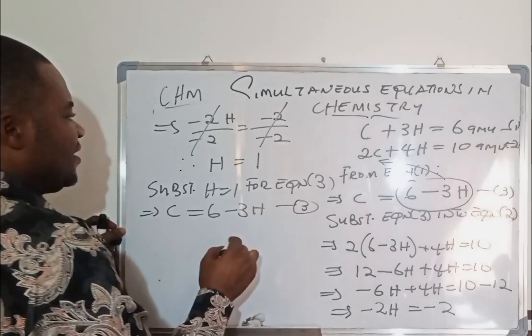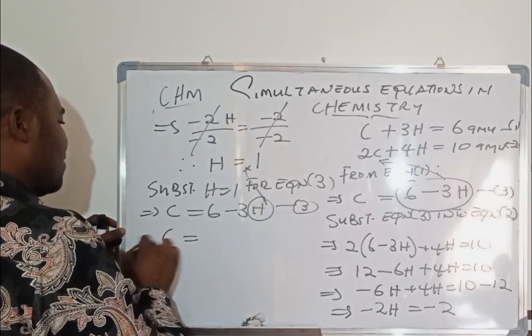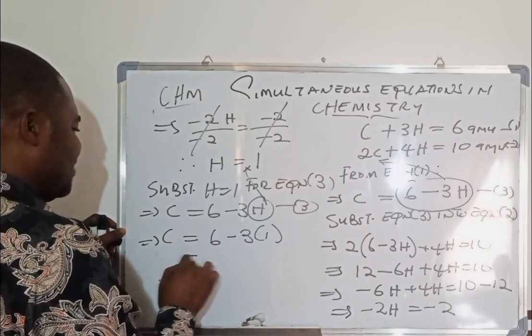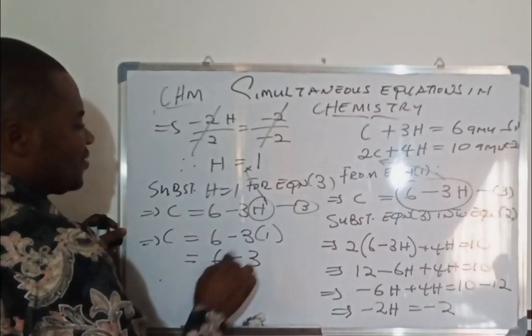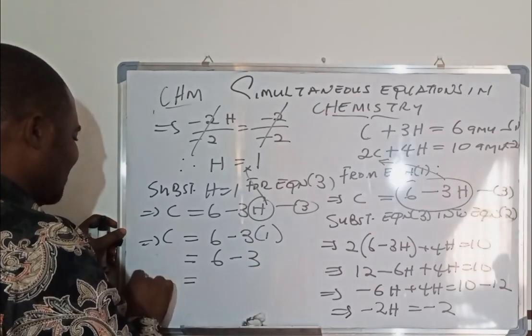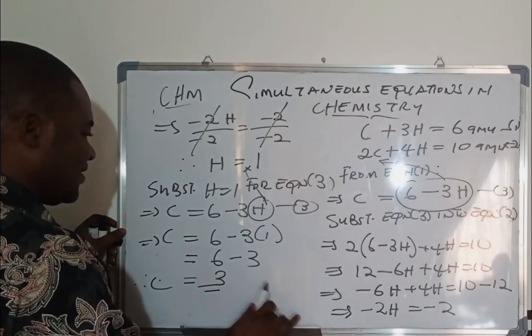Anywhere we see H, we put 1. So C will be equal to 6 minus 3 times 1, which is 6 minus 3, because 3 times 1 is 3. And then C therefore will be equal to 3.